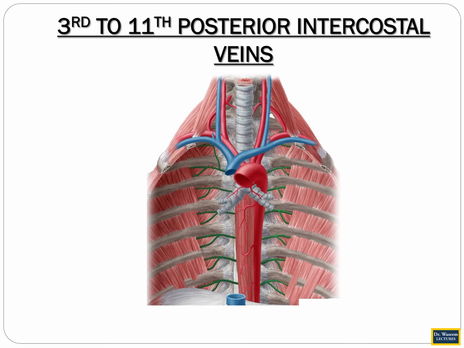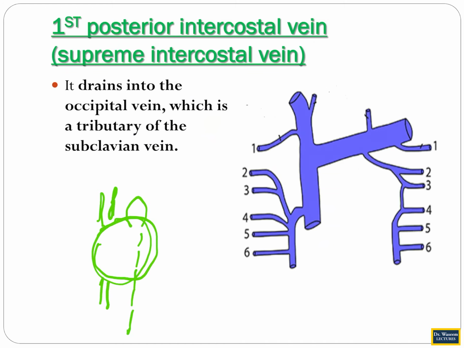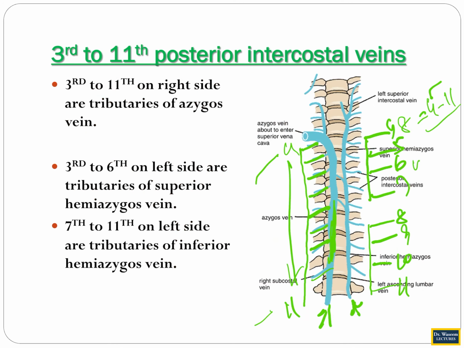But what about the 1st, 2nd and 3rd? Watch here. The first posterior intercostal, on the left and right, these two intercostal veins are called the supreme intercostal veins.